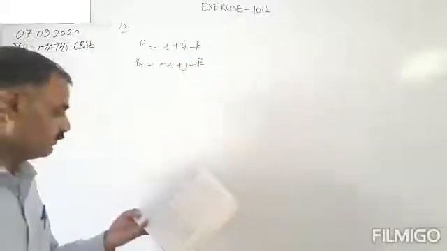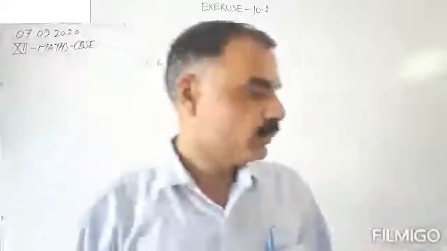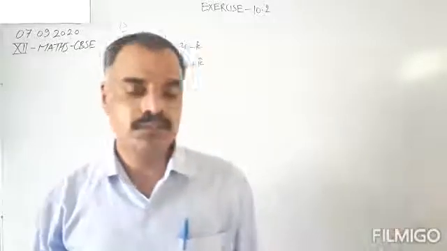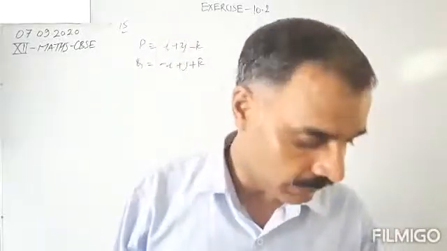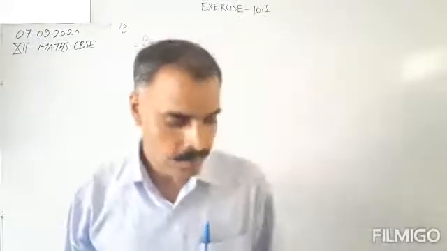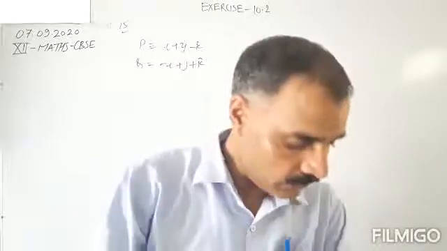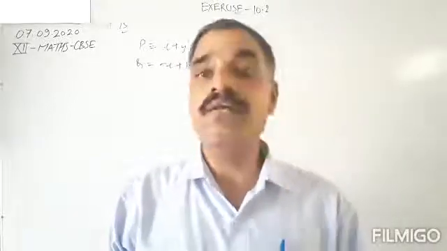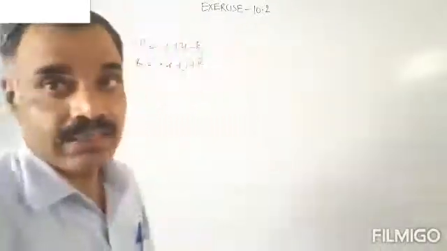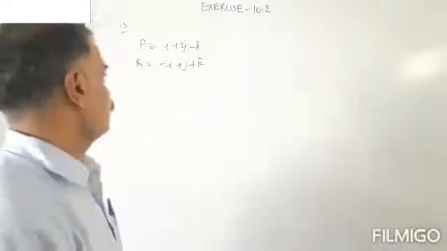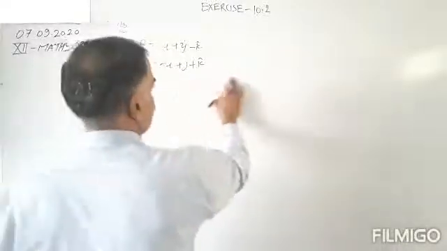The position vectors of the two points are given, and we have to find the coordinates of R, which internally and externally divides the line segment PQ.